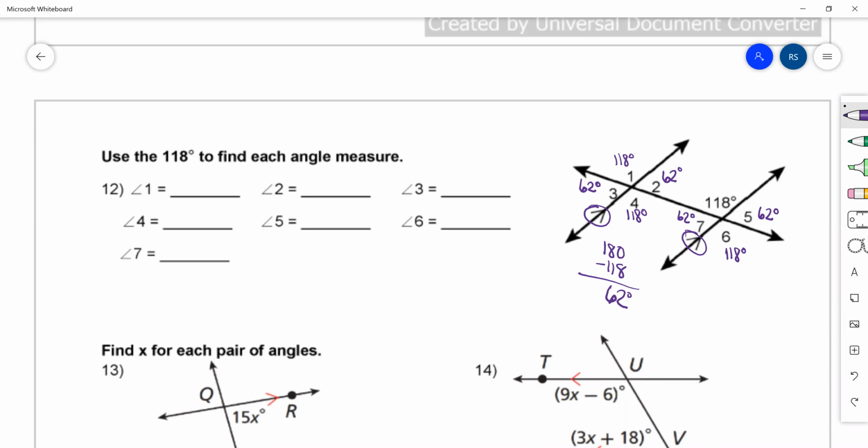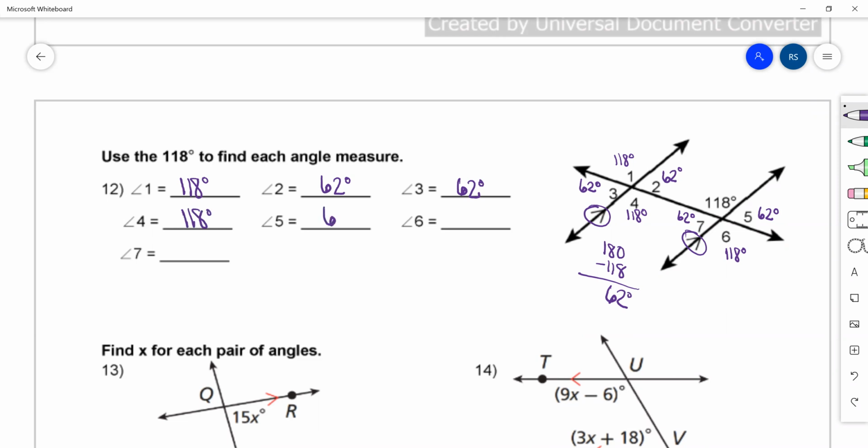Okay, well, we found all the angles. Let's just fill the blanks in. Angle 1, what did we say it was? 118 degrees. Angle 2, we said was 62 degrees. Angle 3, we said was 62 degrees. Angle 4, we said was 118.